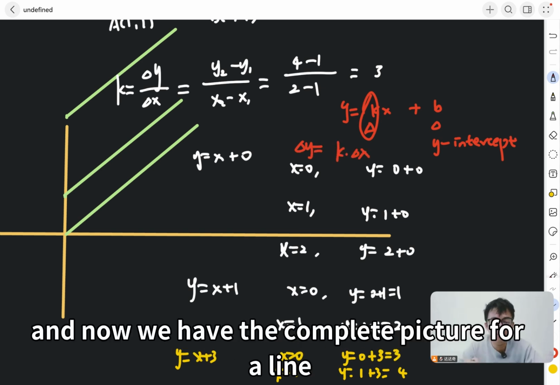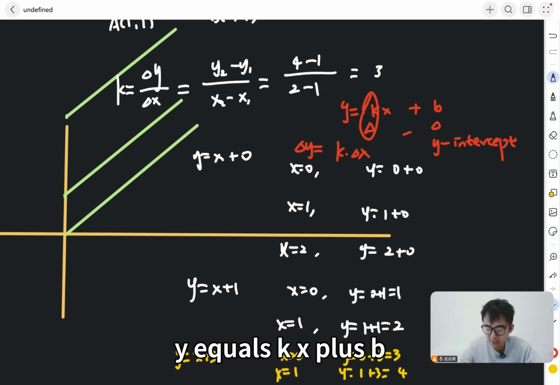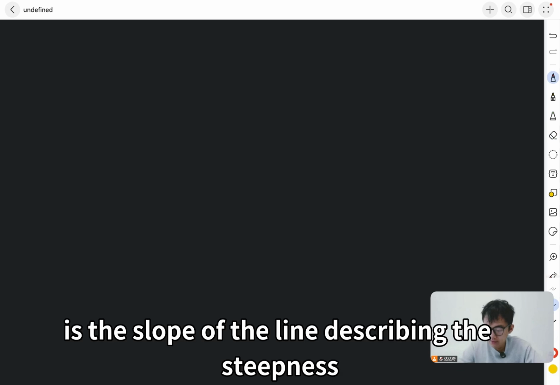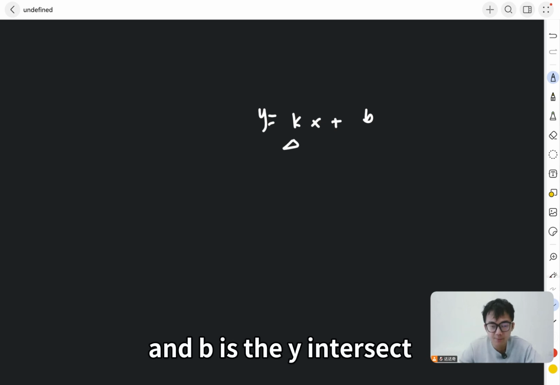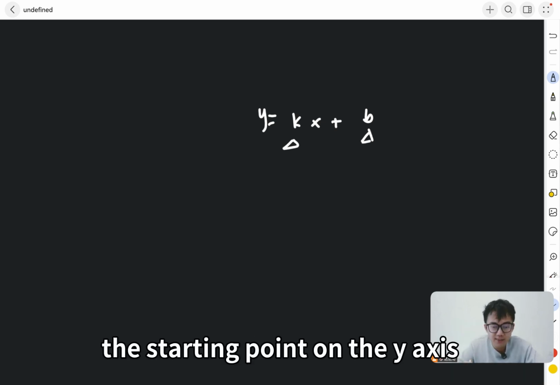And now we have the complete picture for a line y equals kx plus b. k is the slope of the line, describing the steepness, and b is the y-intercept, the starting point on the y-axis.